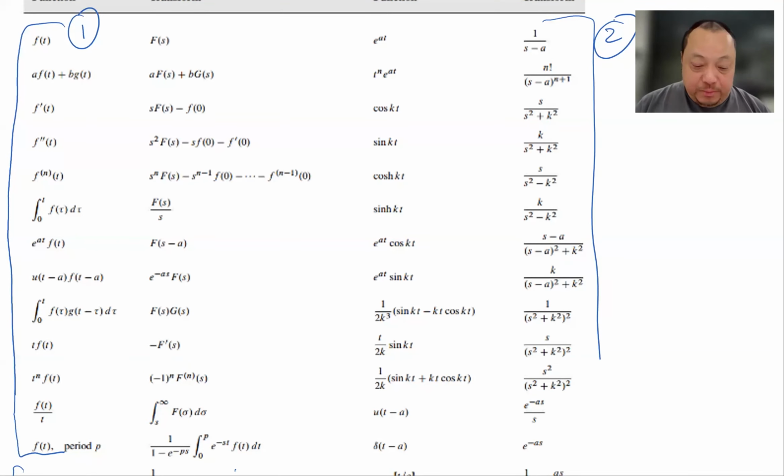Some of the important properties include, for example, this one, which says that the Laplace transform is linear. You start out with a linear combination of two functions. You arrive at the linear combination of the transforms. The second property that you should really know very soon is how to take the Laplace transform of derivatives, because that is how you transform a differential equation.